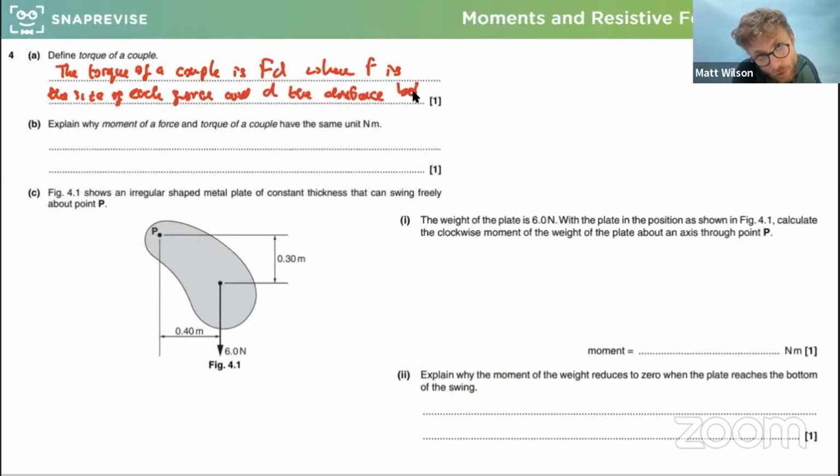Recall that a couple was a pair of forces separated by a distance d, acting on an object in opposite directions.